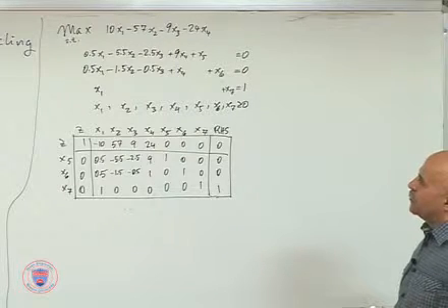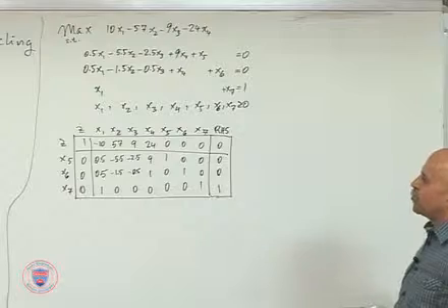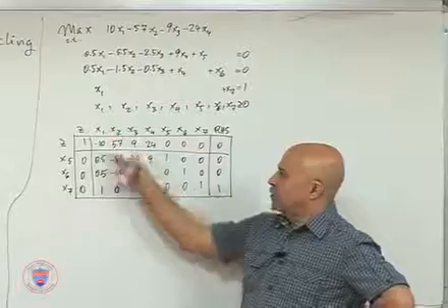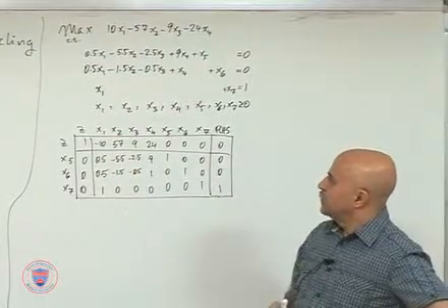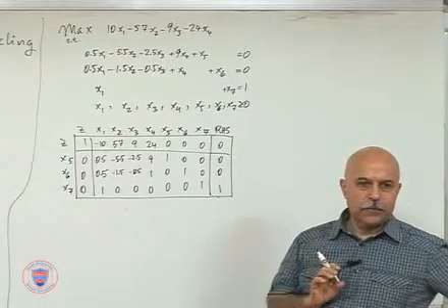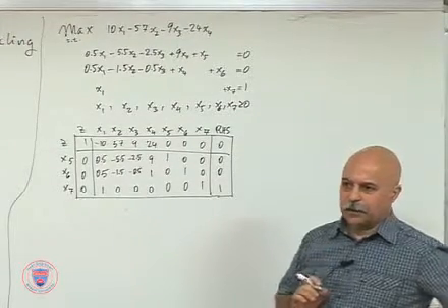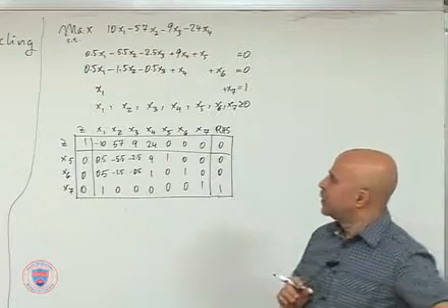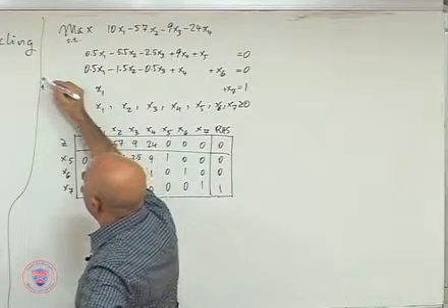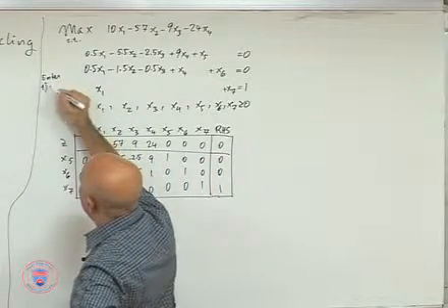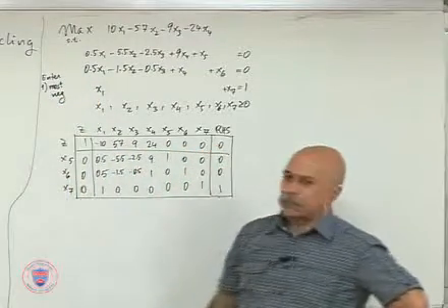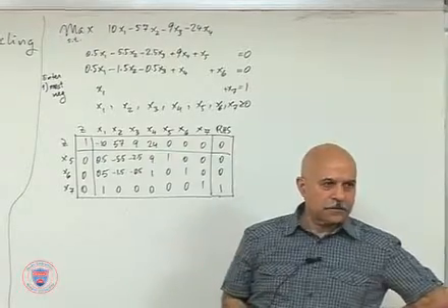Okay, let's go with the rule of choosing the most negative reduced cost to identify the entering variable. And of course, for the minimum ratio, if there are ties, let's choose the one with the smallest index as the exiting variable. So let's just make a note of that. For the entering variable, most negative, and if you have ties for the most negative, choose the one with the smallest index.